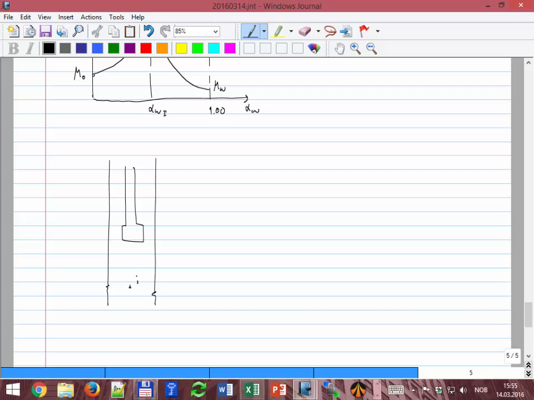So here I have P suction and here I have P discharge. As I don't have a pump yet, it's not defined, or at least I don't have any information about what is available, I just take the complexity out of the system. I say, okay, let's take the pump away, and let's just calculate what pressure I need to bridge.